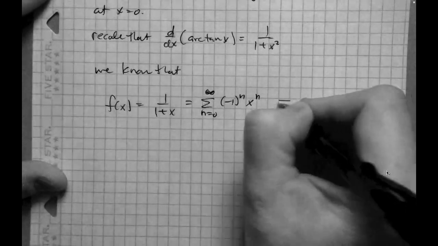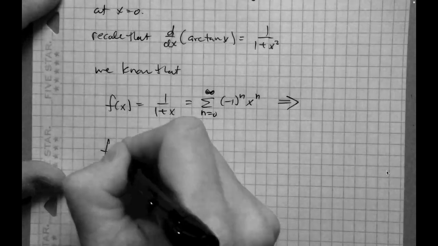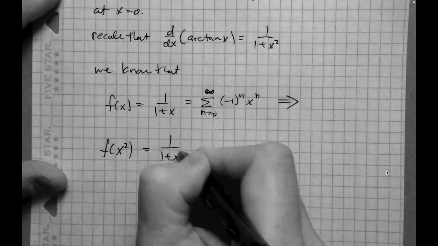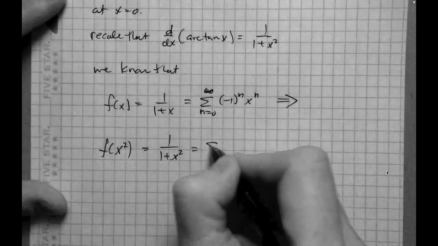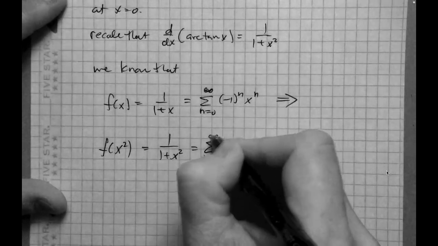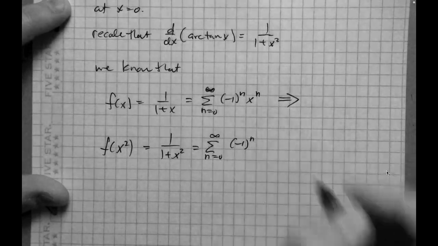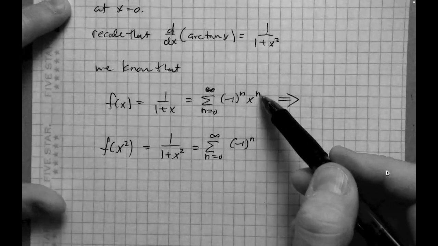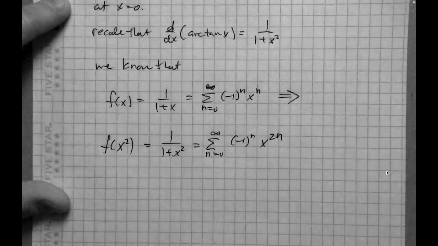So this is going to imply that f of x squared would be equal to 1 over 1 plus x squared, of course, which would be equal to the sum from n equals 0 up to infinity of negative 1 to the nth power, and then this is going to be x to the nth power squared. So this would be x to the 2n.